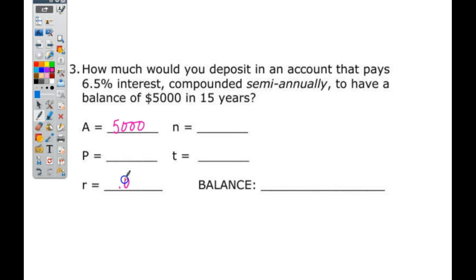The R is 0.065. The number of times it's compounded per year is 2, and the time is 15. So I'm going to take 5,000.